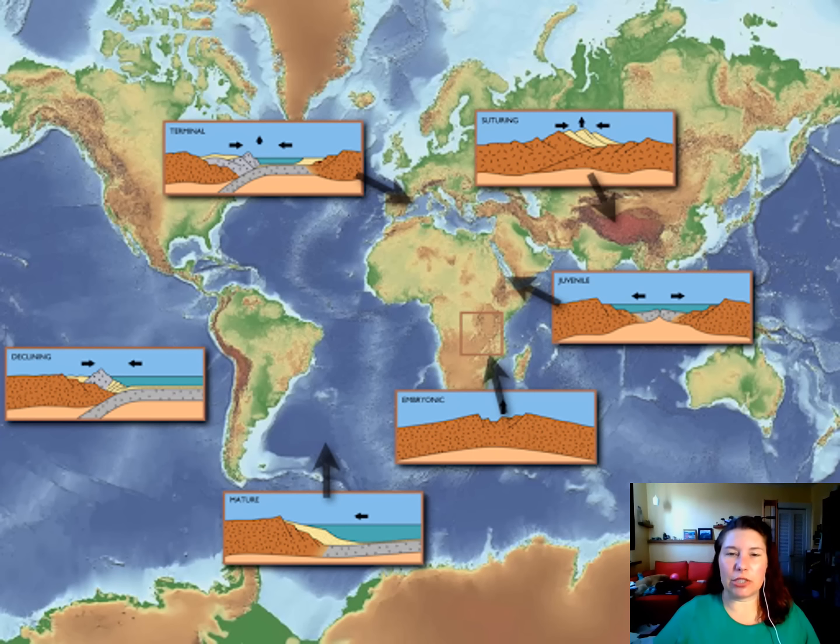I like this image a lot because it shows where these different things are happening globally. Going back to the East African Rift Valley, it's a juvenile system of spreading, where we're starting to form some rifting, and we actually have a narrow sea forming. This is the Red Sea.